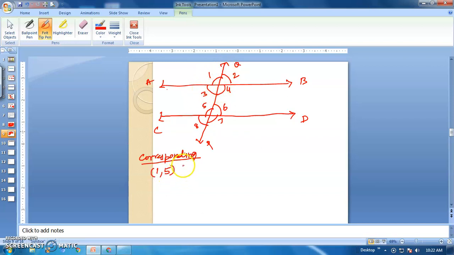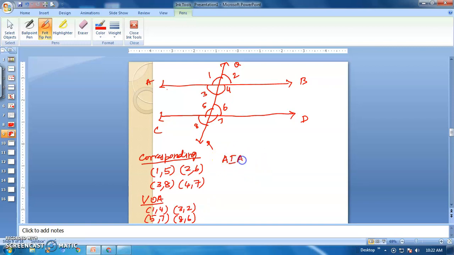Similarly 2, 6, 3, 8, 4, 7, these are the corresponding angles. And vertically opposite angles, VOA: 1, 4, 3, 2, and also 5, 7 and 8, 6 are vertically opposite angles.